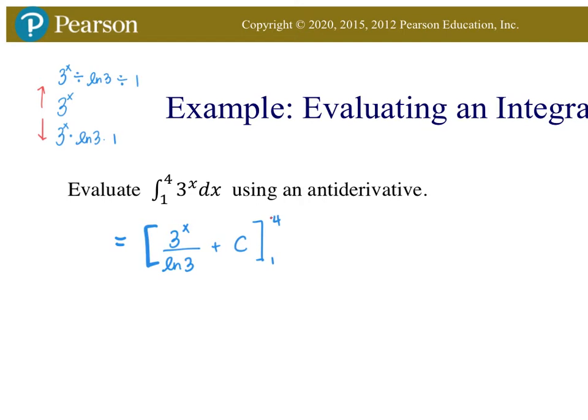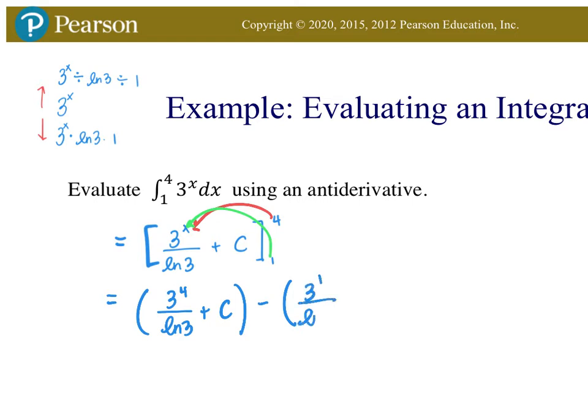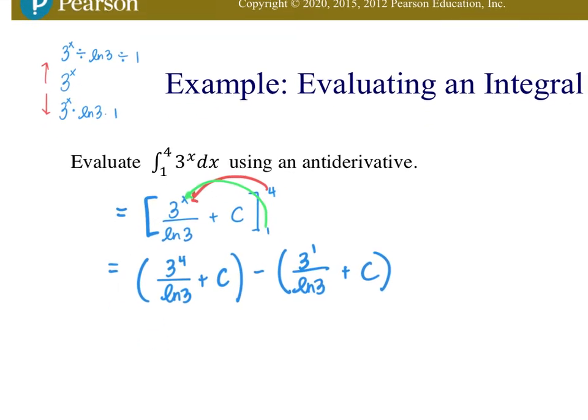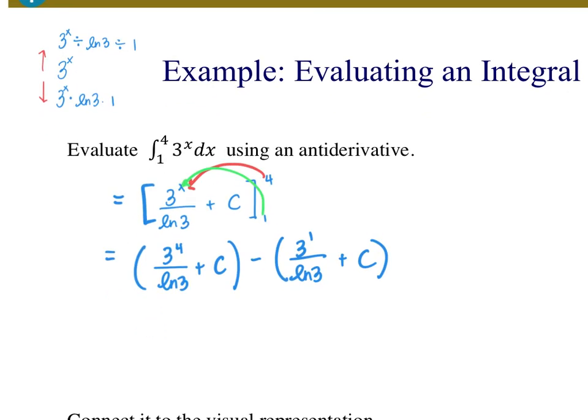And then we'll plug in the number 4 in for x. So in parentheses, 3 to the 4th over the natural log of 3 plus c, minus the second set of parentheses. Now I'm going to plug in 1 into the same spot. So 3 to the 1st over the natural log of 3 plus c. And then my subtraction gets distributed.